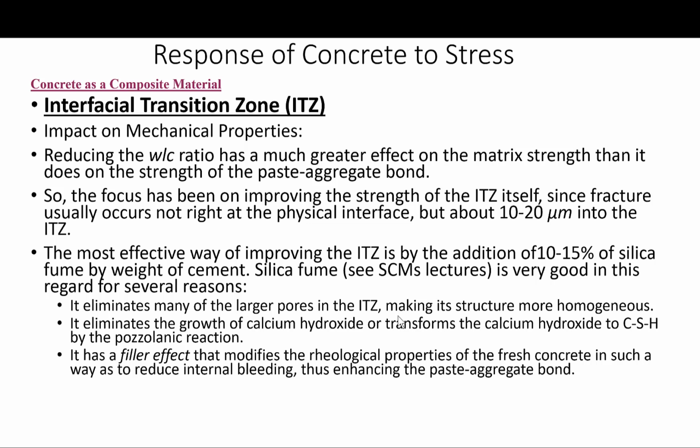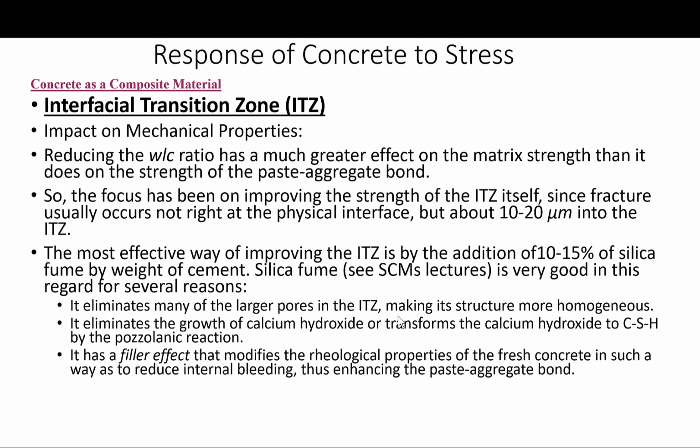It eliminates the growth of the calcium hydroxide, or transforms the calcium hydroxide to calcium silicate hydrate through the pozzolanic reaction. Also, it has that filler effect that modifies the rheological properties of the fresh concrete in such a way as to reduce internal bleeding, so by that it enhances the paste aggregate bond.